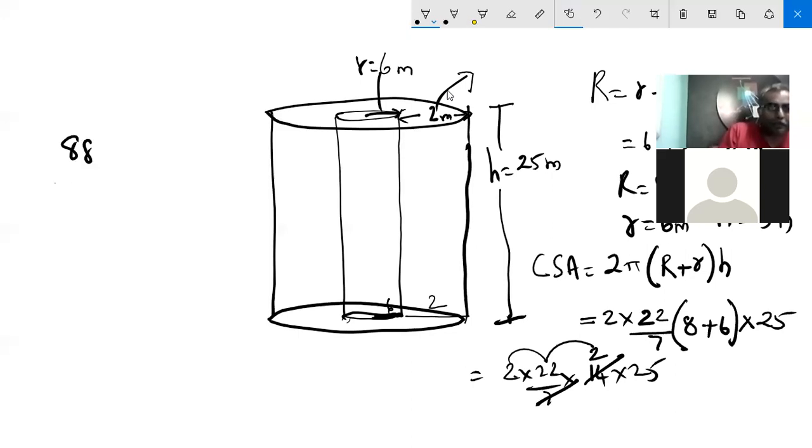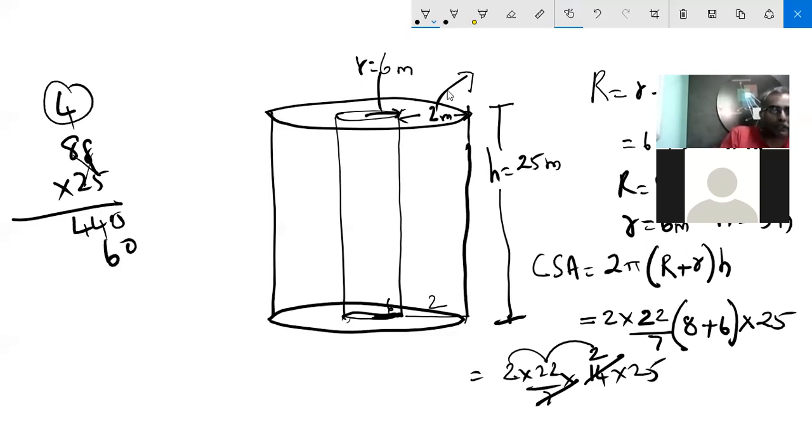5 8s are 40. 5 8s are 40, plus 4 is 44. 2 8s are 16, plus 4 gives 17... 4 plus 6 is 10. 7 plus 4 is 11, plus 1 is 12. 1 plus 1 is 2.